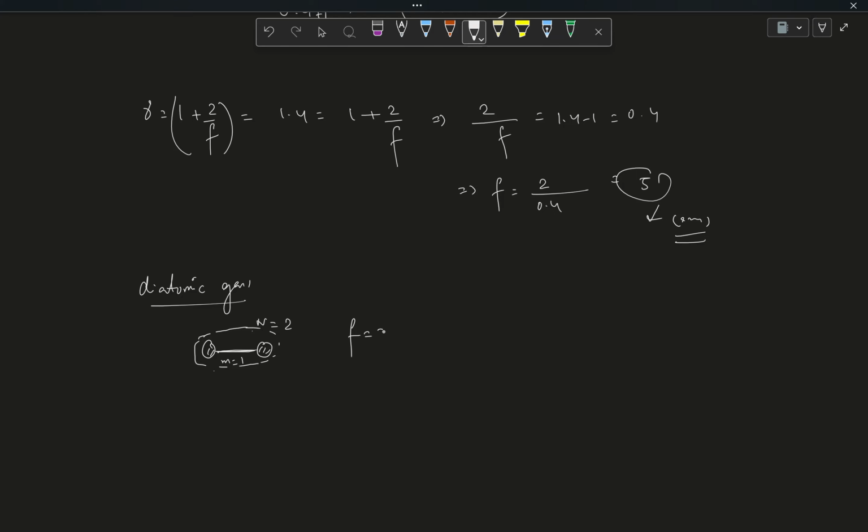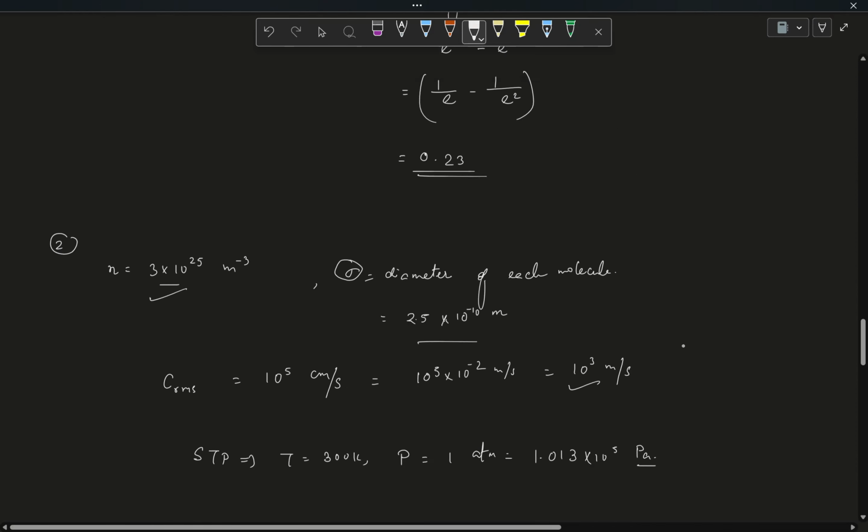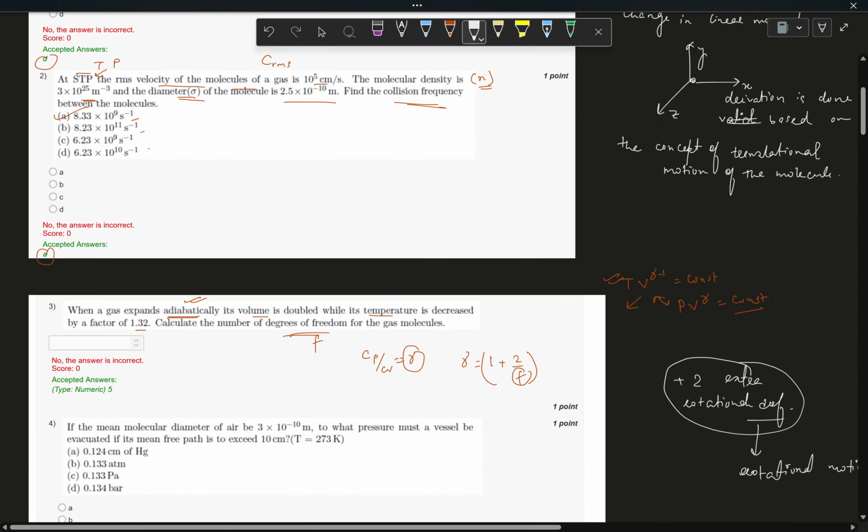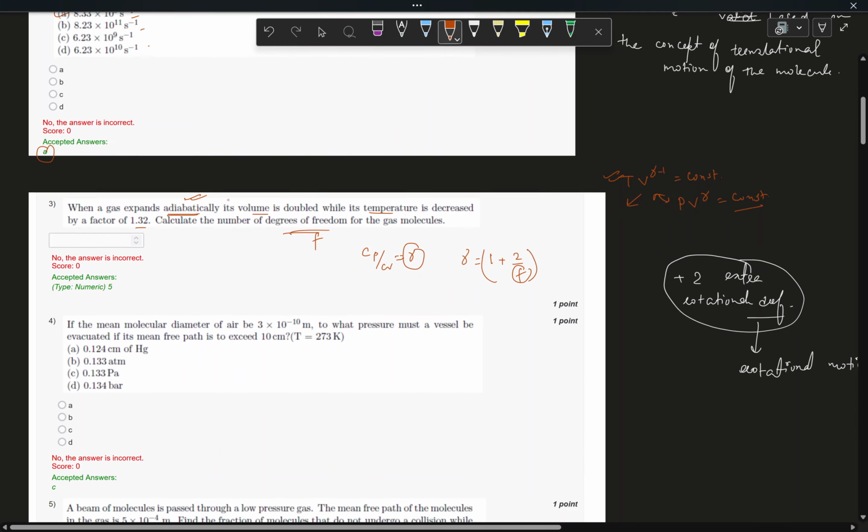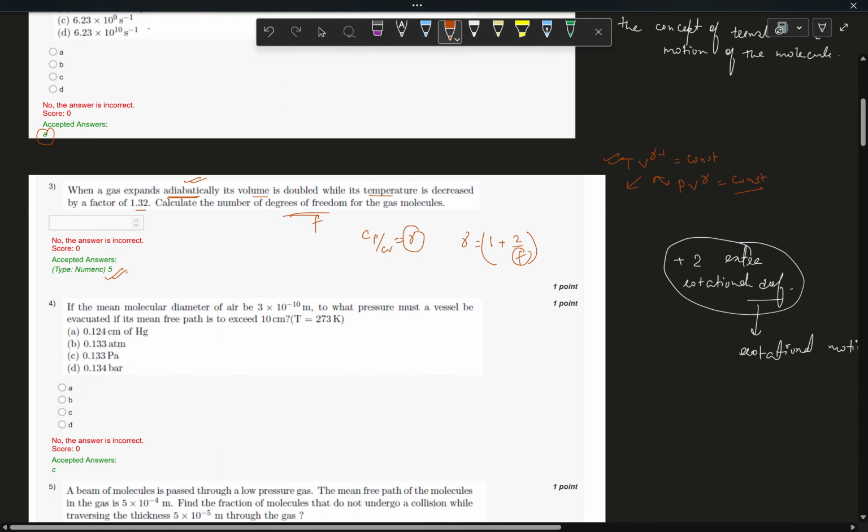So your degrees of freedom will be 3n minus m, which is 3 into 2 minus 1, that is 5. So f equal to 5 tells you that the gas given here is a diatomic gas, like H2, N2, etc., which has two atoms in a single molecule. So this question is done. You can check that they have also given the answer as 5.